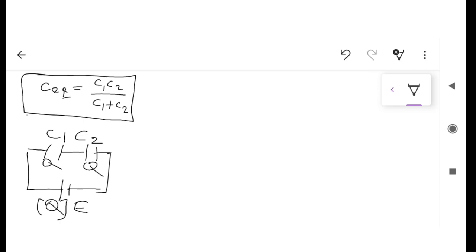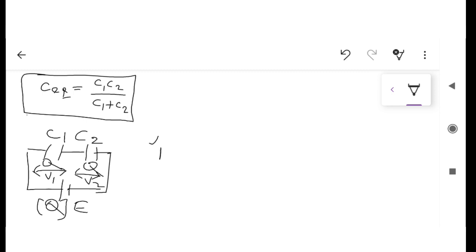The amount of charge on both capacitors is the same, but the voltage across the capacitors can be different. Across the C1 capacitor I take the voltage as V1 and across C2 as V2.